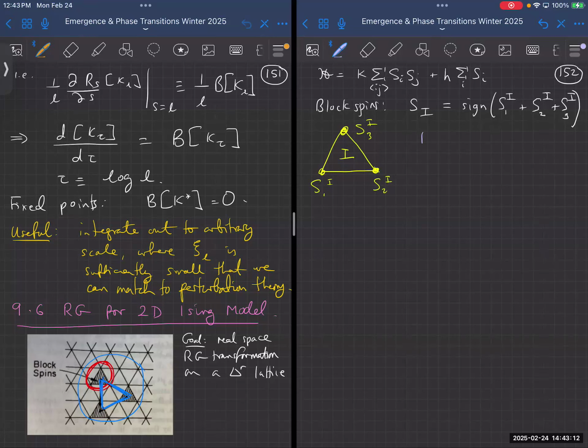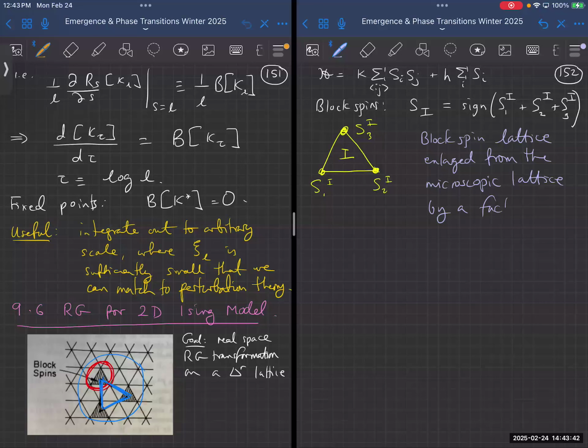What is the size of the block spin? The lattice of the block spins, which is the blue thing on the previous page, is enlarged from the microscopic lattice by a factor L equal to the square root of 3.